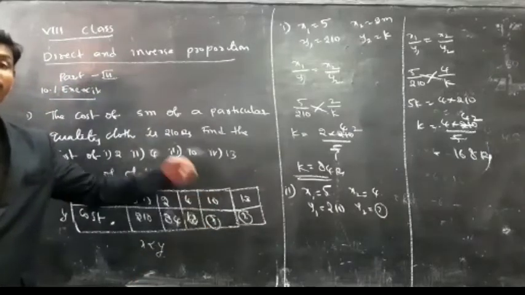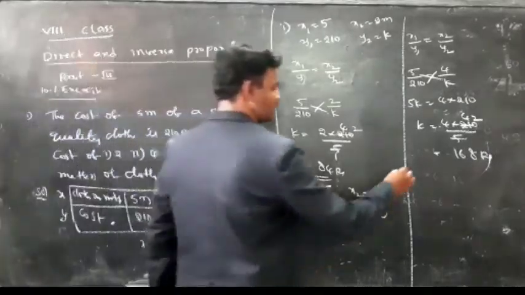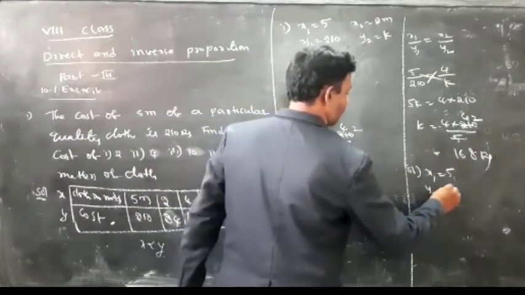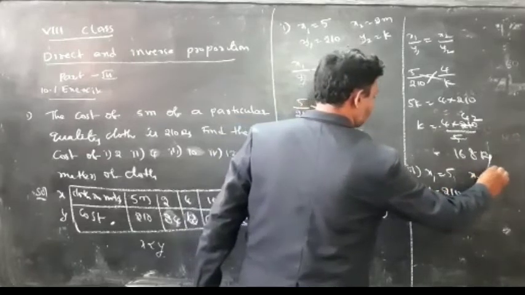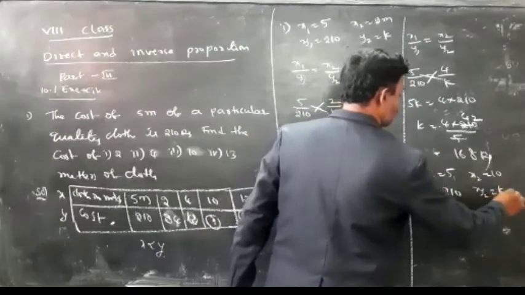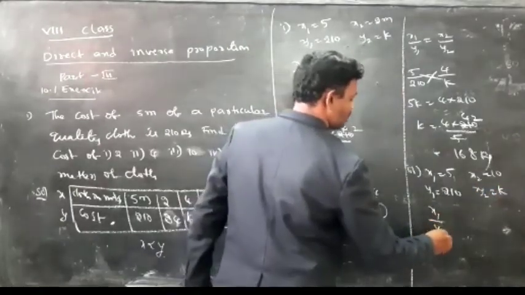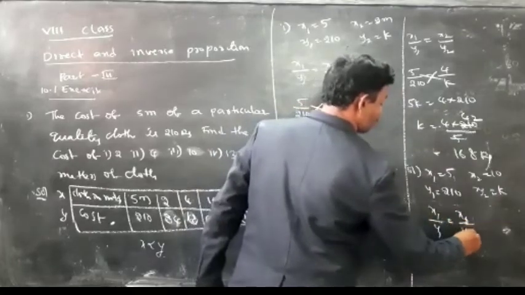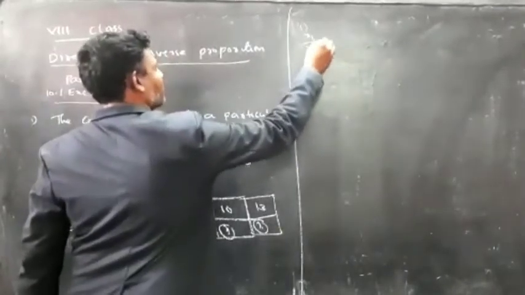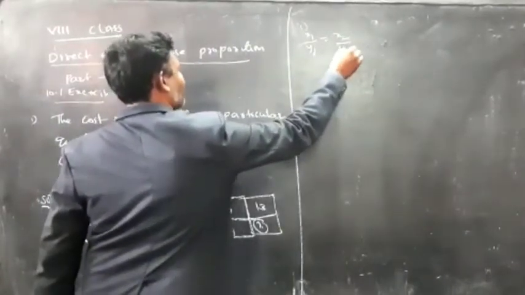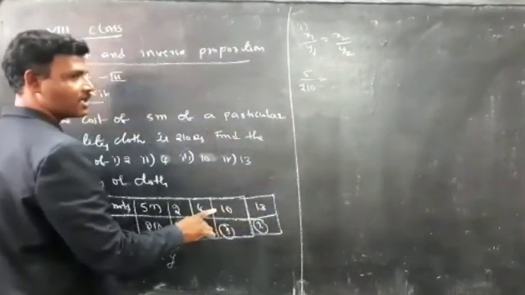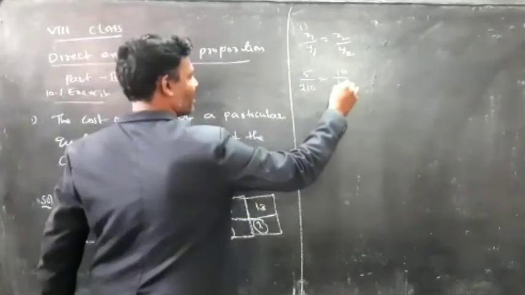Thereafter I need the cost of 10 meters cloth. x1 is equal to 5, y1 is equal to 210, x2 is 10 meters. Then y2 I don't know, let it be k. x1 by y1 is equal to x2 by y2, so 5 by 210 is equal to 10 by k.